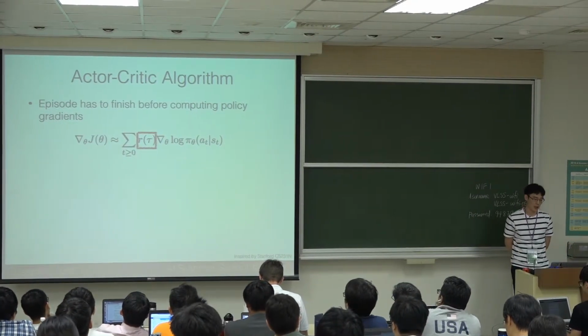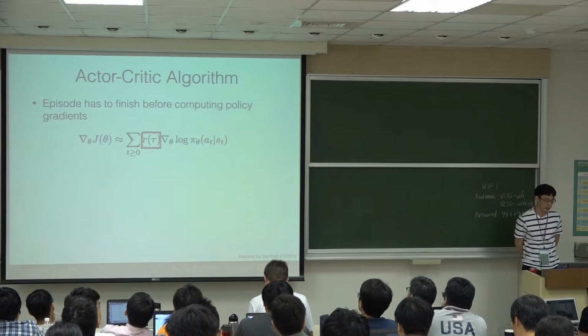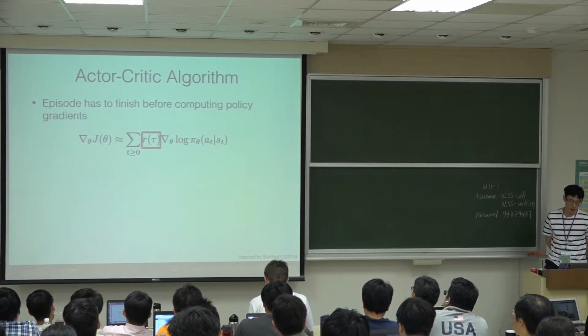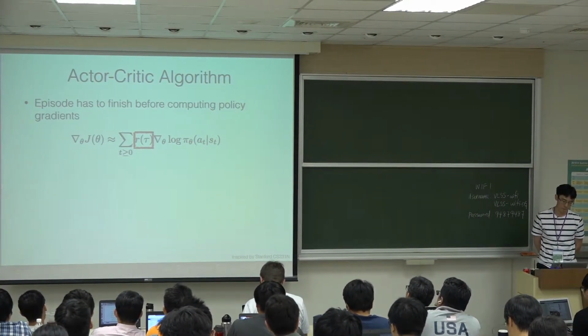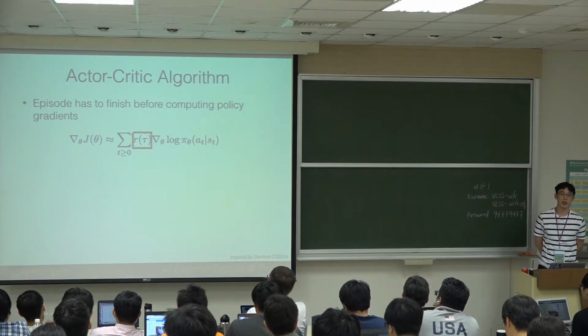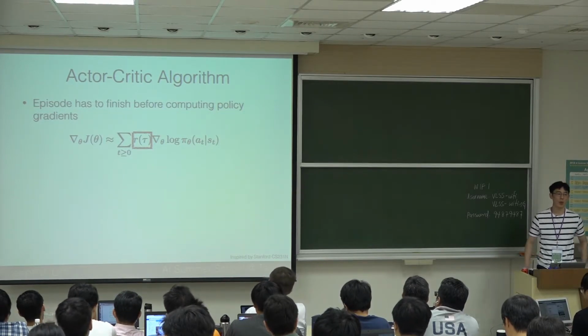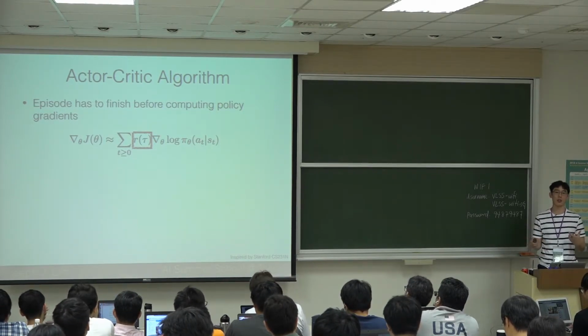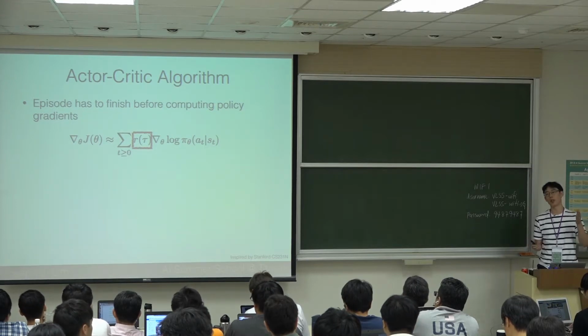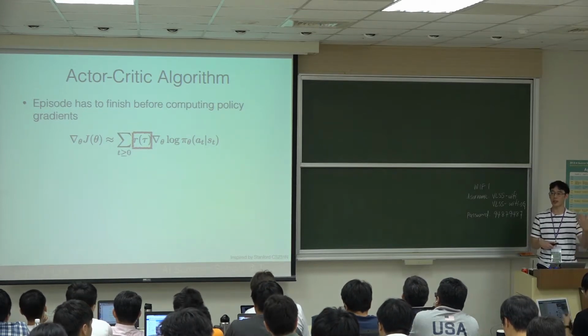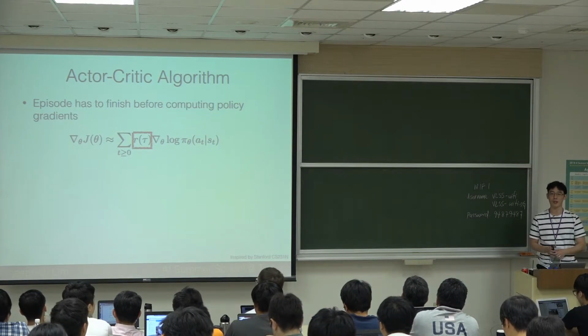So let's take a look at the motivation here a little bit. For policy-based approach, in each episode, you have to go all the way to the end to get a trajectory, right? So you move up and down and so on, until you get to some reward, or basically the game has ended.